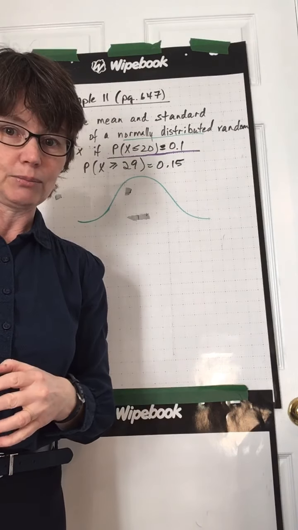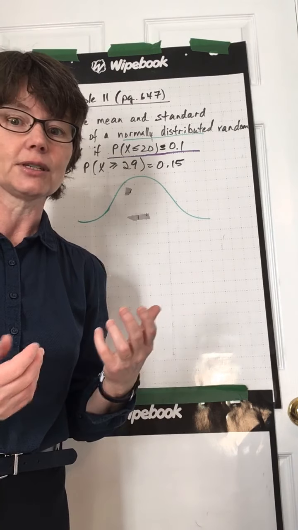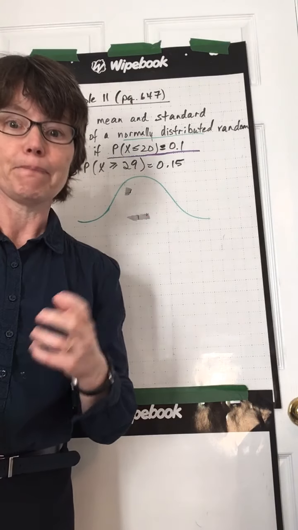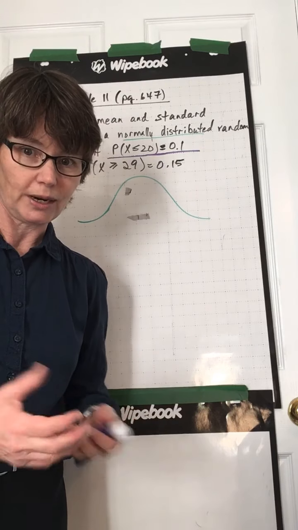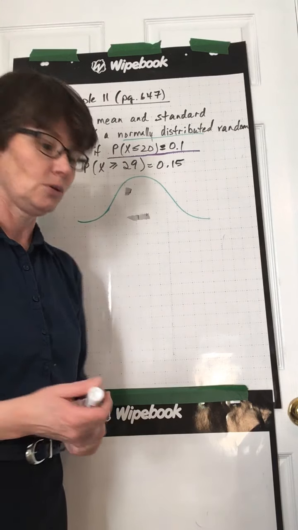In the previous example, we knew the standard deviation and had to calculate the mean, or vice versa. But this one, we need to find both. If we have two unknowns, then we need two equations. So that's what we'll be working towards, finding two equations so we can solve for two unknowns.